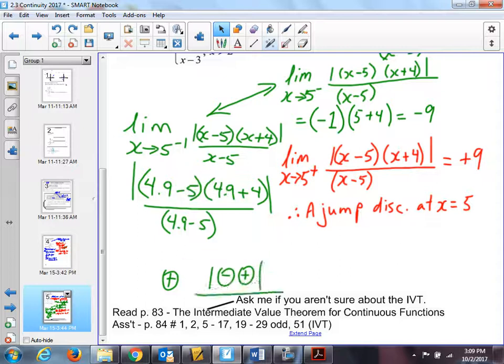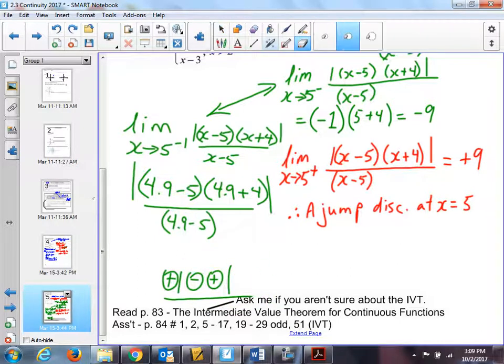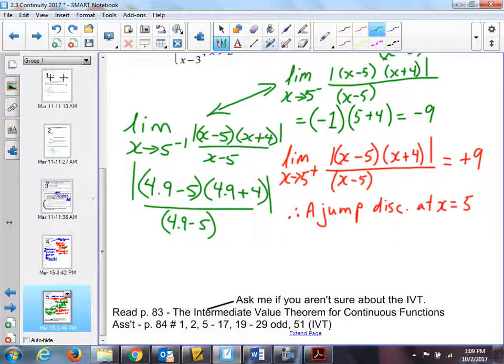However, because this is negative and it's in absolute value, this value will be the same, like negative 0.1. But they will cancel each other, right? But this numerator value would have been changed in sign. Do you follow me on that?